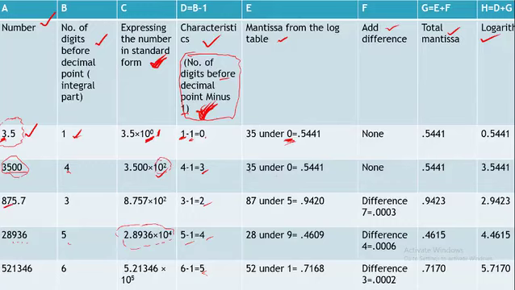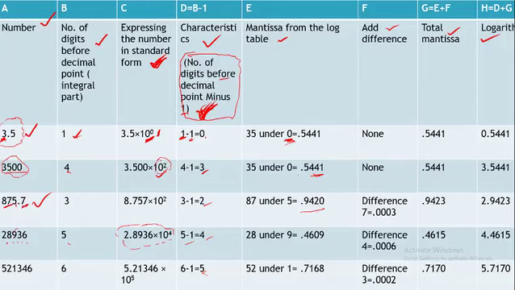Fine. Now, if you search for 35 under 0, you still have 5441. Okay? Then for this, if you search for 87 under 5, you have 9420. Remember, we've not touched the difference, which is 7. Okay? Now, we have 9420.